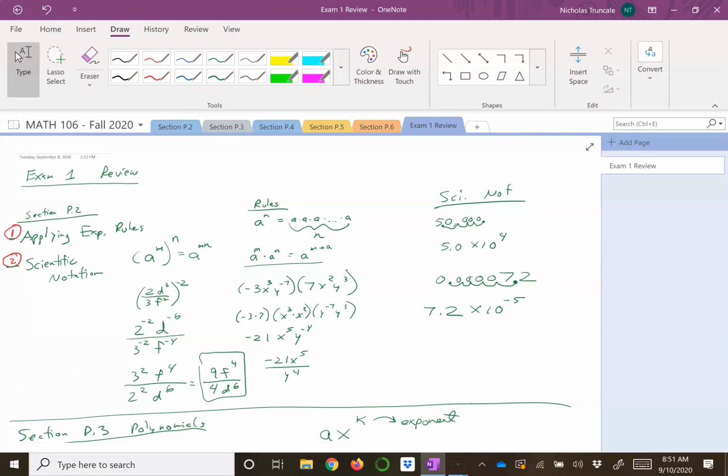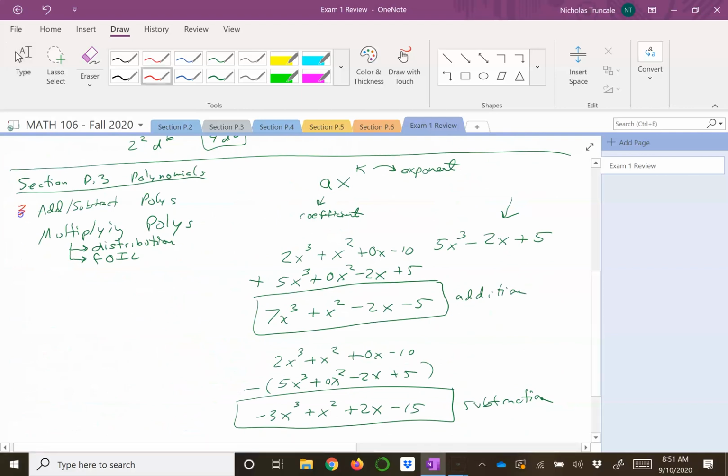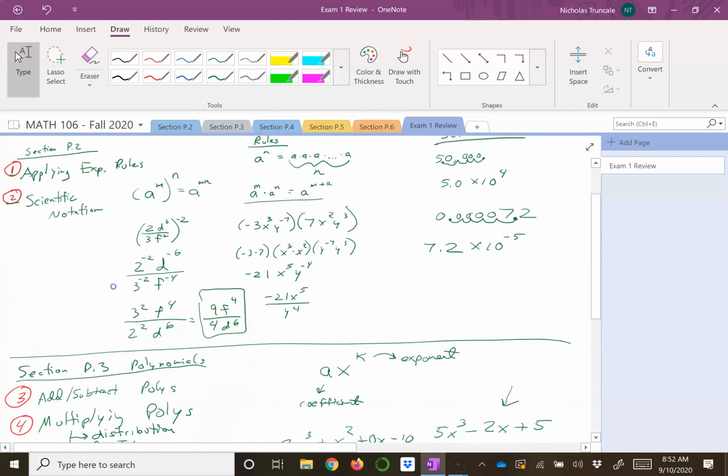So there's 1, 2 in section P2, and then we're at 3, 4. You know, distribution of 4 are like 4A, 4B. And that's section P3. Now that took us all the way through our first quiz. Okay? All right, and if you look at any of the homework assignments, you'll see that there are these 4 types for these 2 sections.